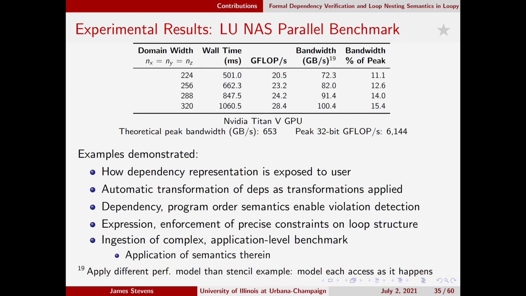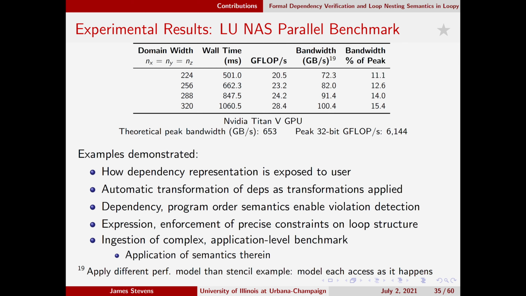So to summarize, with these examples, we demonstrated how a user can express and access dependencies using our representation, that we can automatically transform these dependencies as program transformations are applied, that our dependency and program ordering semantics enable automatic checking for violations in a transformed program, which is key in situations where a generated program has a level of complexity that prohibits manual dependency checking.